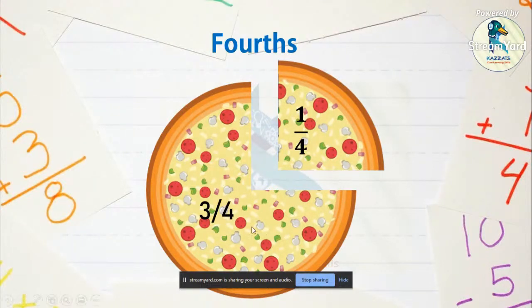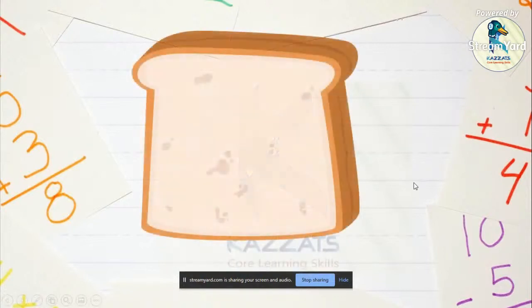So 1 out of 4 is 1 over 4 and these 3 parts are remaining. So it is 3 over 4. You can see that I have used both ways of writing. If I have to write this in the proper form, 3 will be written over here and 4 will be the denominator. 3 parts, as you can see, 1, 2, 3, is 3 over 4 and a single part is 1 over 4.